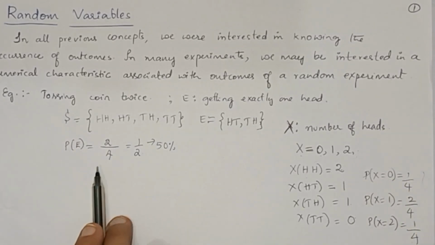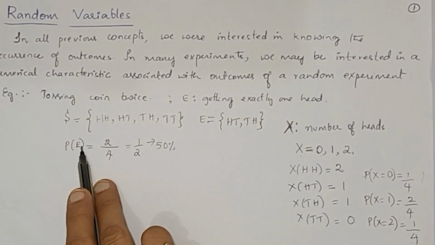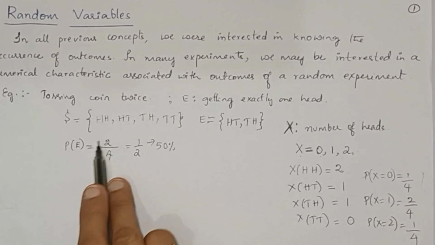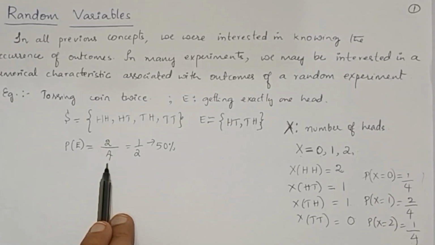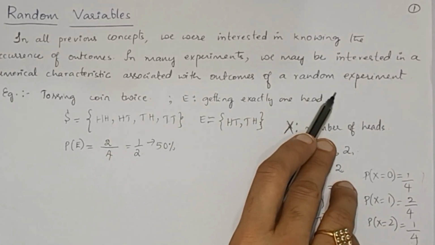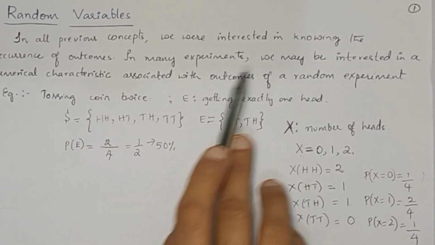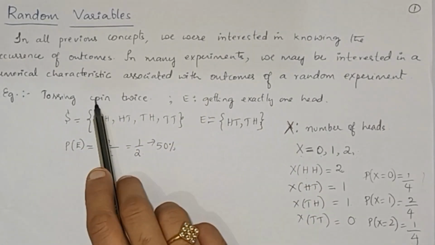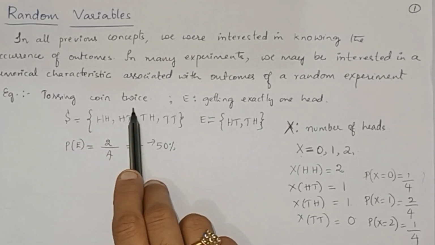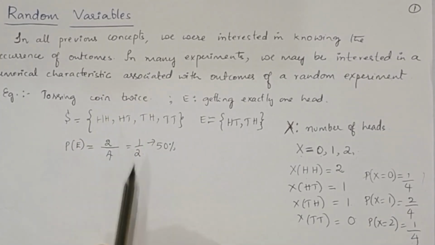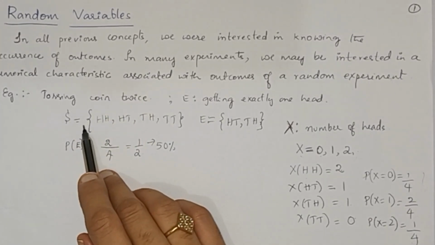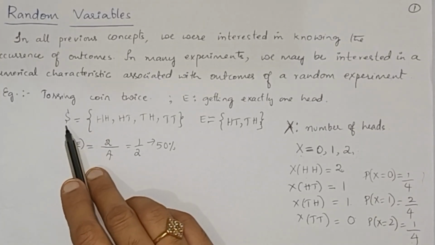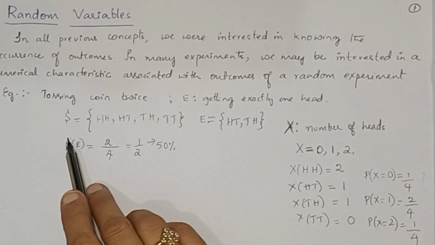When we have the formula of number of favorable outcomes by total number of outcomes, why do we need to introduce the random variable then? Because when you have more trials, here it is tossing a coin twice, but if you toss a coin 50 times, can you sit and write the entire sample space? It is quite inconvenient.